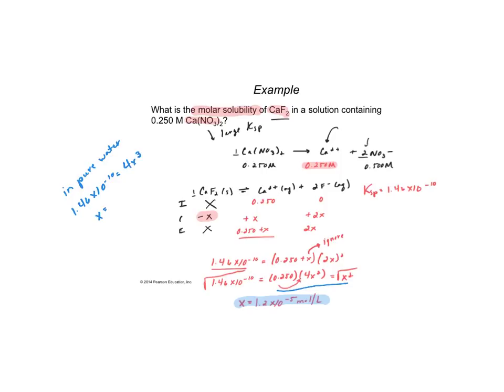So when we solve for x, which is again the molar solubility, 1.46 e to the minus 10 divided by 4, and then take the cube root, we would have gotten a molar solubility of 3.3 times 10 to the minus 4 moles per liter, right? So in pure water, calcium fluoride is more soluble than it is in a solution that contains a common ion, which is what we just said, going back to Le Chatelier's principle. So it's a nice little demonstration of that fact.